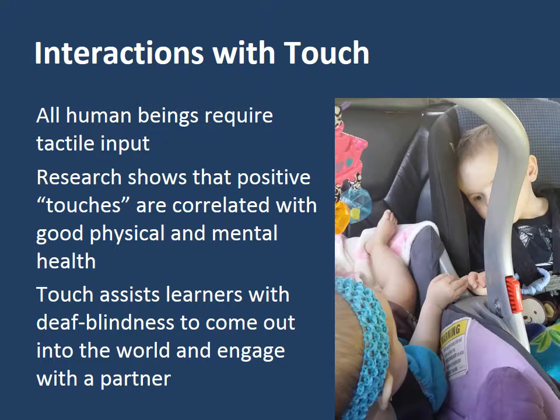So to start, when you're really thinking about touch, like I said, touch is everything. When you're thinking about what touch means, we all as humans crave touch. You need to be connecting with other people. And that really helps kids with deaf-blindness as they learn to feel safe and respected through touch to start to reach out and explore their world.